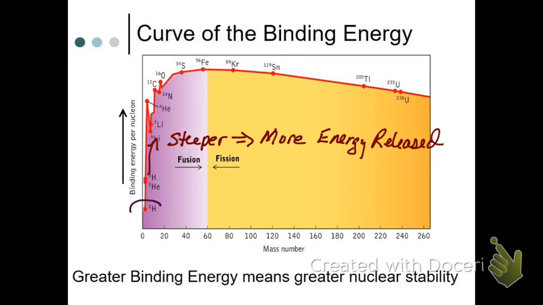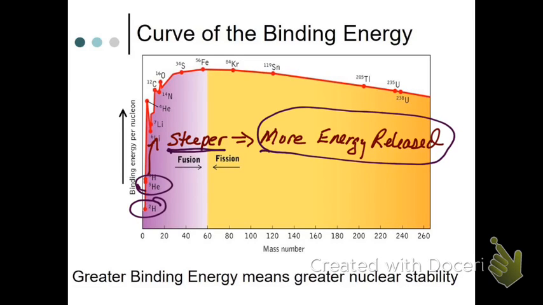So, for example, going from hydrogen to helium, that means that the process that is favored and releasing energy is a fusion process where we're fusing smaller nuclei together to form larger nuclei, and that will result in the release of energy. Now, what's key to this is that the curve is actually much steeper on the left-hand side for fusion than it is on the right-hand side for fission. So fusion can therefore release a whole lot more energy than can a fission reaction.